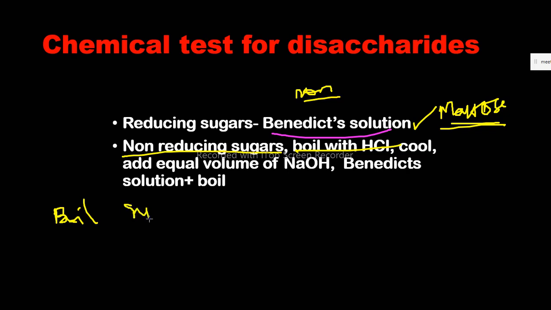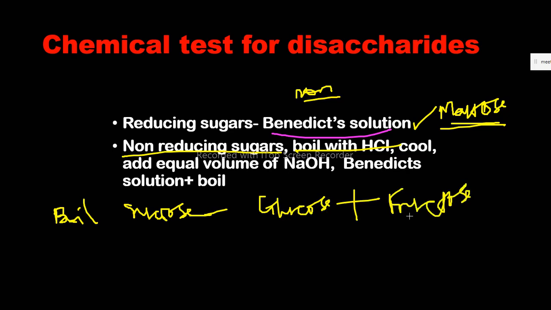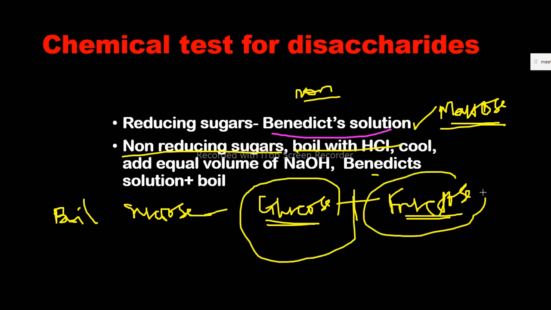For instance, if it is sucrose and you boil sucrose in HCl, then it will undergo hydrolysis to give you glucose and fructose. And these are all monosaccharides and all reducing sugars. So when you add the Benedict's solution, you obviously get positive results because of the glucose and the fructose.